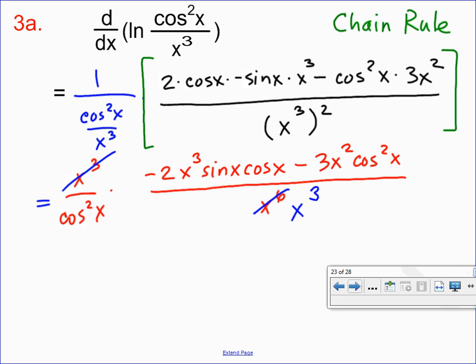And now we can go ahead and put my cosine squared x on the denominator of my fraction and reduce. I think we'll have to do that in 2 steps though.